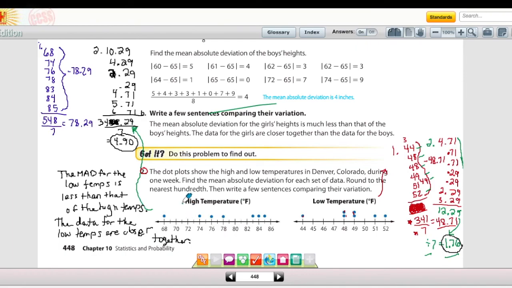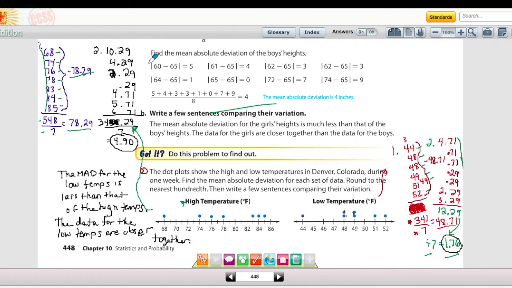Same thing on the high temperatures. I translated each of these dots to numbers in a row right here. I added up all of those numbers to get 548, divided by 7 data points to get my mean of 78.29. Take each data point minus 78.29.